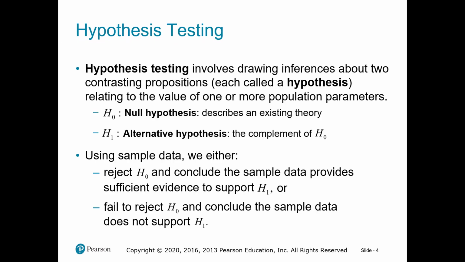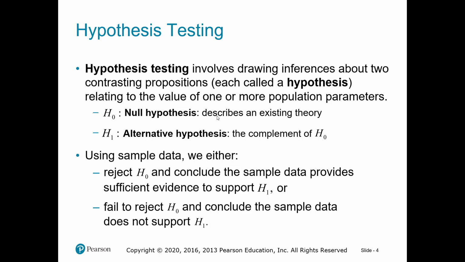Okay, so we'll talk a little bit about this idea of hypothesis testing. In a hypothesis test, we have two states of being. We have the null hypothesis, which is really what we're trying to prove against. The null hypothesis is our state of being, and our alternative hypothesis is something that we try and prove.